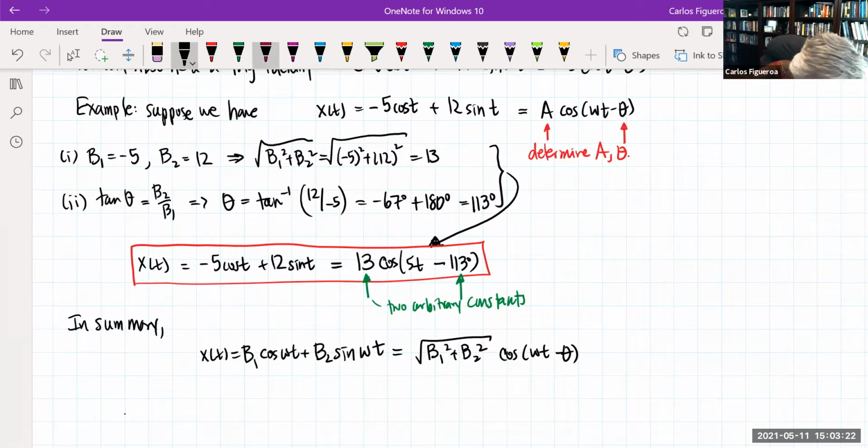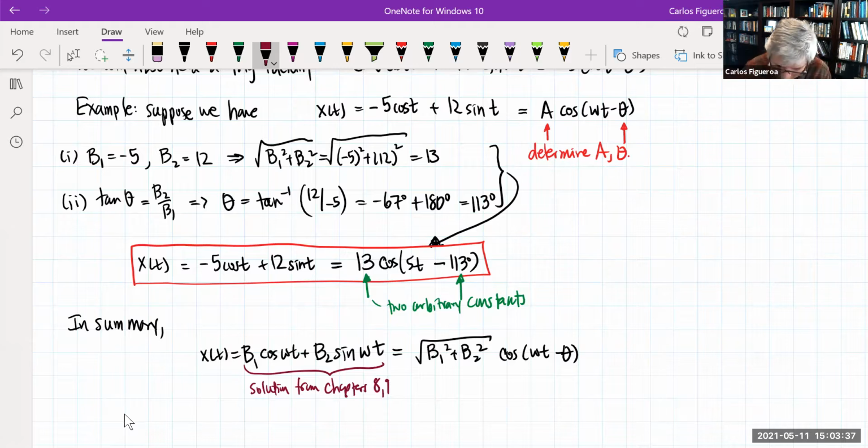So this solution here is essentially the solution from chapters 8 and 9. And then this solution here is the transition to chapter 9.